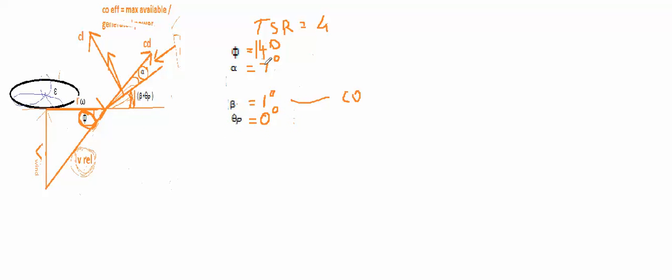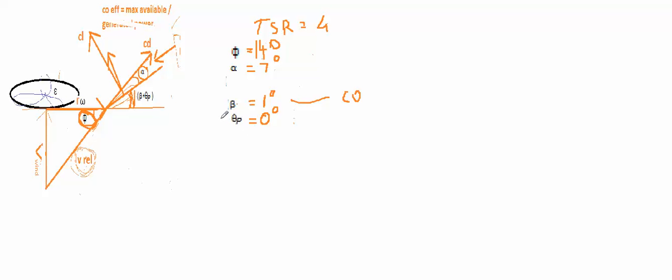We want alpha to be 7 degrees, and our twist angle is designed for the tip speed ratio of 8, so it is 1 degree. But if it is 1 degree, the angle of attack will become poor. So to compensate, we twist the blade.